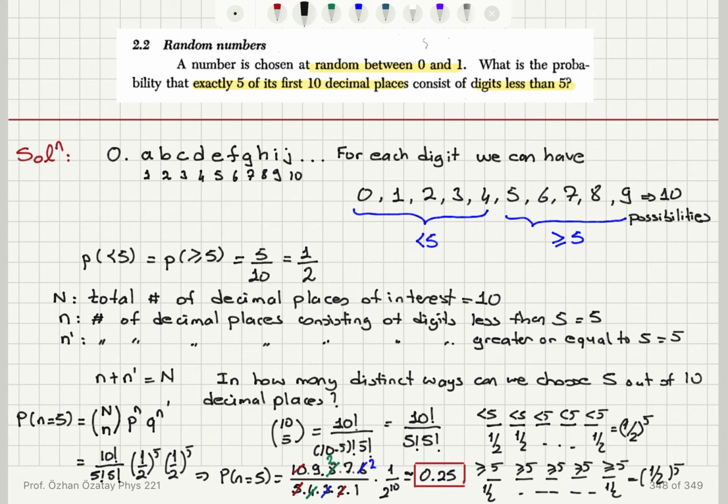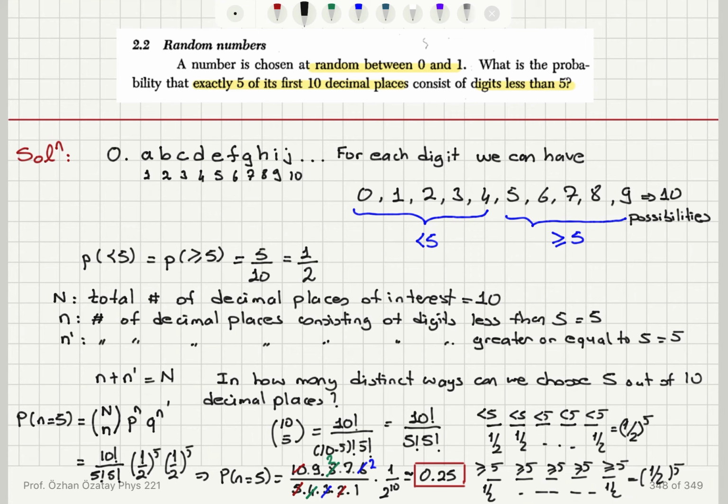And then, having picked 5 of those decimal places, what is the probability of having all of them with a value less than 5? That's 1 over 2 to the power 5. And for the rest of them having a value greater or equal to 5, that is 1 over 2 to the power 5.